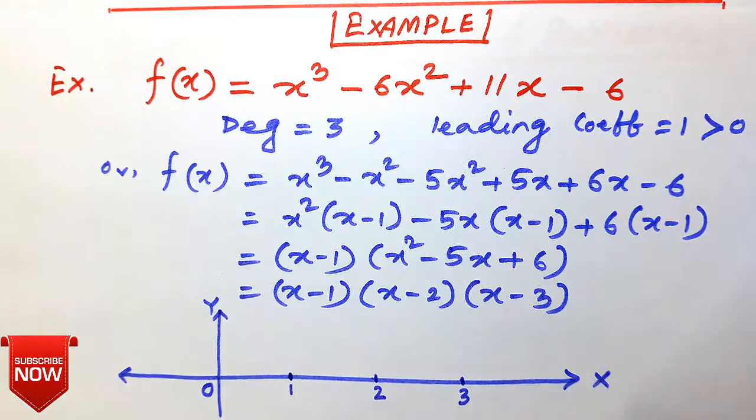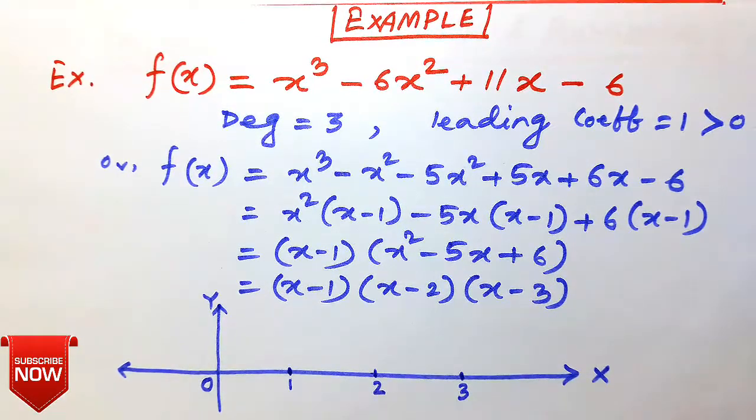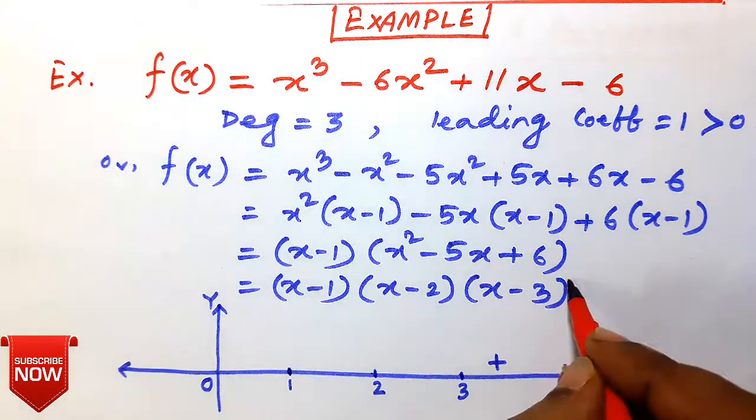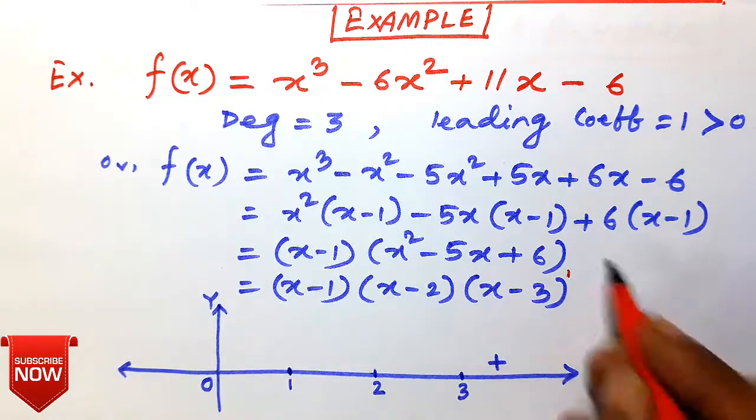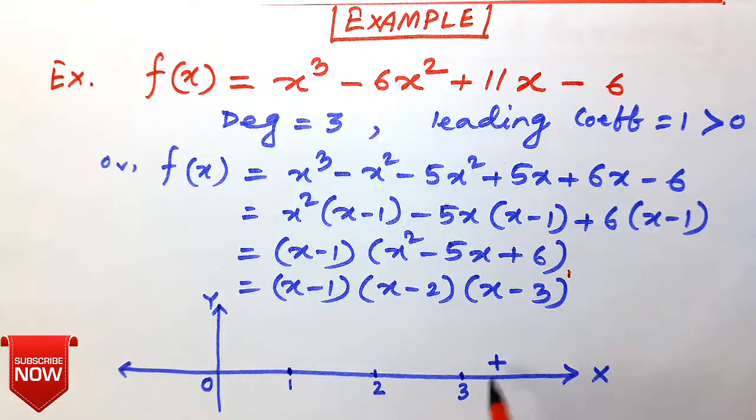Now friends, using the wavy curve method, I shall draw the curve. See that on the extreme right of 3, we have to put a plus sign. And next, see that the critical point is 3, the factor is x minus 3, its power is 1. So 1 is an odd number. For this, we have to put a negative sign, that is the opposite sign of the previous one. Next the critical point is 2.